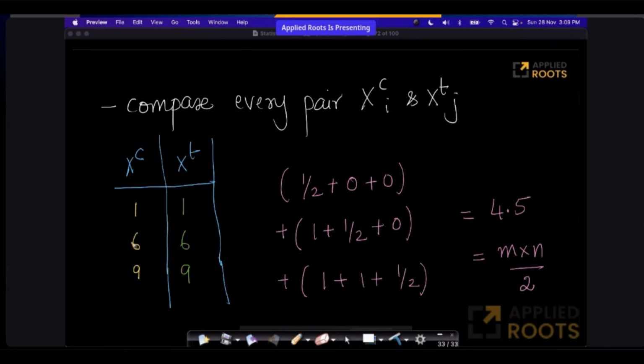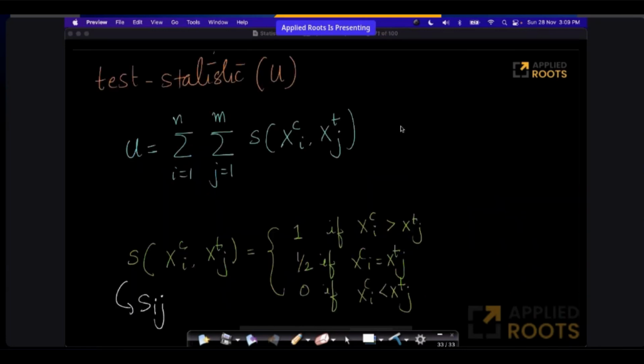So it's doing an exhaustive comparison of every value that XC takes and every observed value from XT. So compare every pair of values. That's the idea here. I'll show you how this works with a bunch of examples. So it's saying across every pair of values from the control and treatment, compute this function. Now, what does this function do?